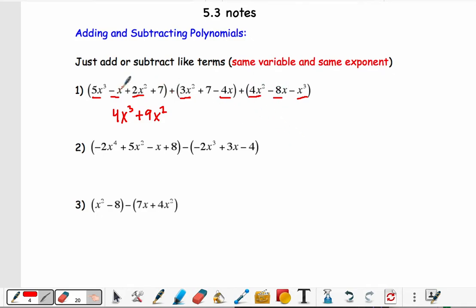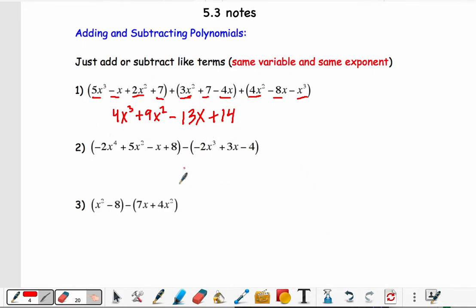So that's like a negative x minus 4x minus 8x, which is negative 13x. So minus 13x. And then finally, I'll take my constant term. I have 7 plus 7, and that's it. So plus 14. So there I added and combined all of the like terms.